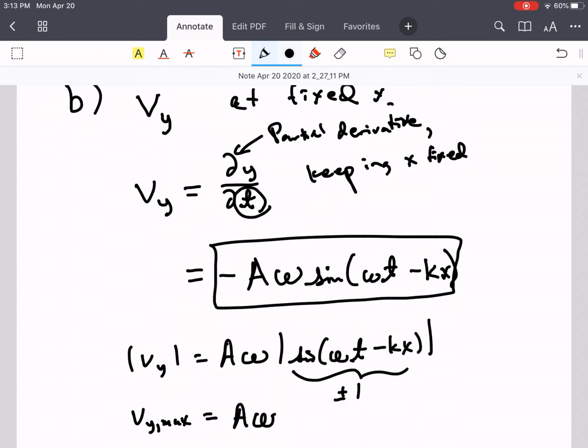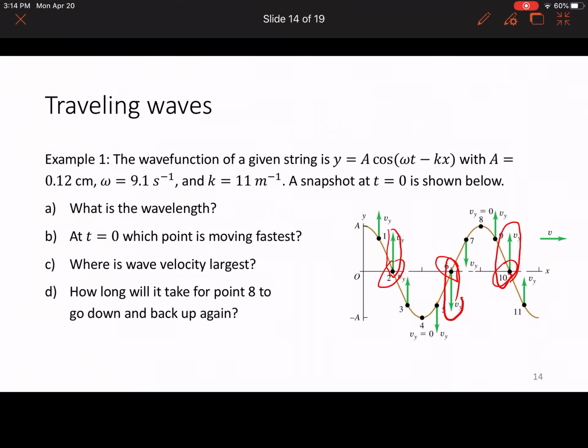So if we look, when is sine of this object equal to 1? Sine of the phase equal to 1? Well, that happens when the phase is equal to 90 degrees, pi over 2 radians, 270 degrees, 3 pi over 2 radians, and so on. If we go back to our drawing of the wave, here the phase is 0 because that's the maximum of the cosine.